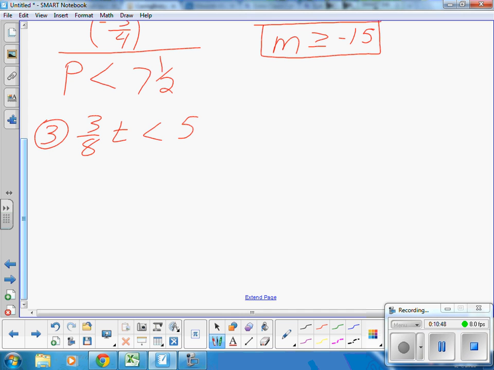So I have to multiply both sides by 8/3. When I multiply both sides by 8/3, that's t less than, 8/3 is positive, so the inequality remains the same. And 8/3 times 5 is 40/3, which is 13 1/3.